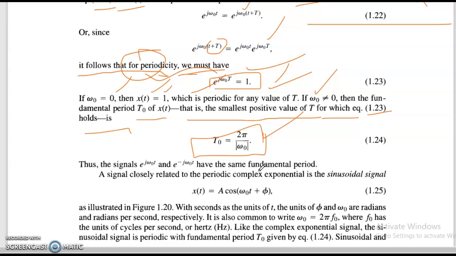Thus, the signals e^(j omega naught t) and e^(minus j omega naught t) have the same fundamental period.